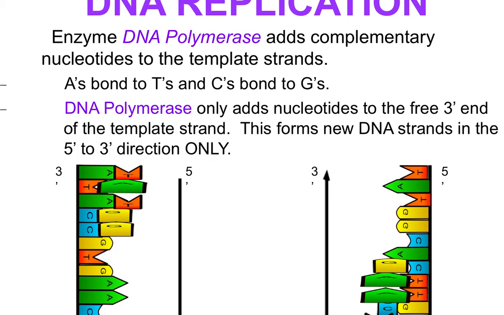The enzyme DNA polymerase will add the complementary nucleotides to the template strand, the original strand that's there. And so as it works in the 5' direction this way, DNA polymerase is going to pop in the complementary base pair that should be there.